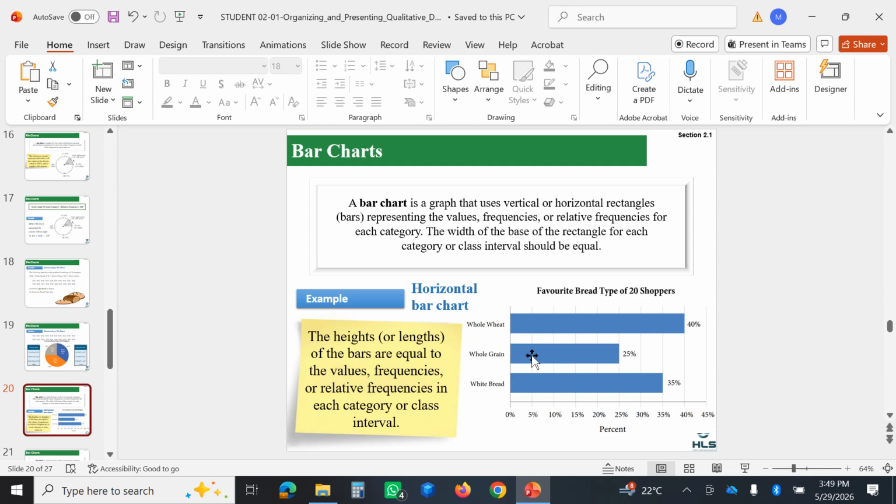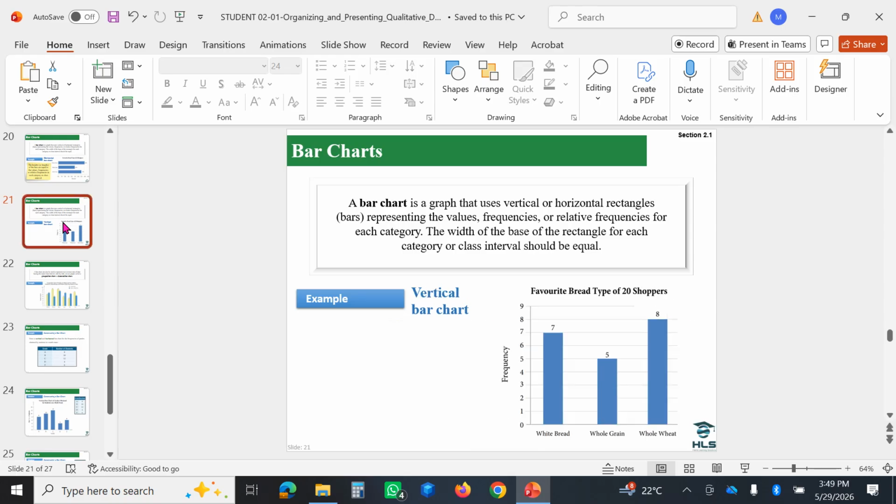The height or length of the bars are equal to the frequencies. Remember, 25% for whole grain, 35% for white bread, 40% for whole wheat, and they correspond to the values there. Nothing too crazy. There's your vertical. No difference except it's straight up.